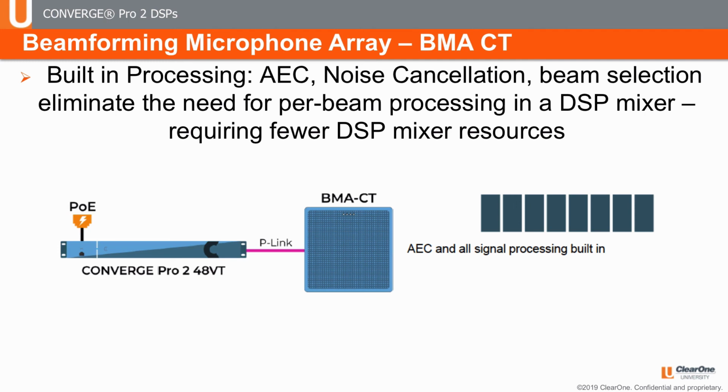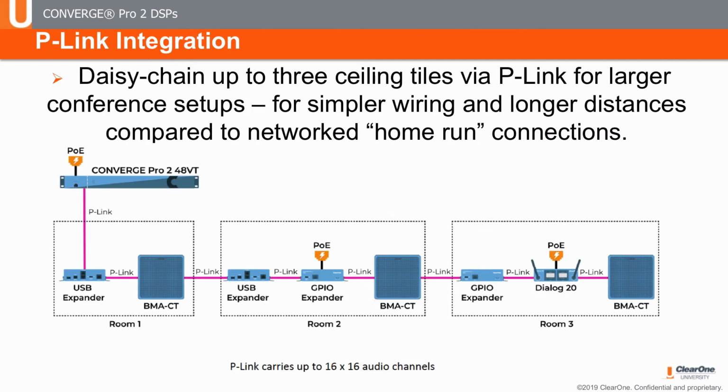There is much more we can talk about on the BMAs, but we will leave that for another video. Here we can see that with the P-Link bus, a single DSP can support 3 BMA-CTs, 3 USB expanders, 3 GPIO expanders, and even a Dialog 20 2-channel wireless mic. More on that in another video as well.